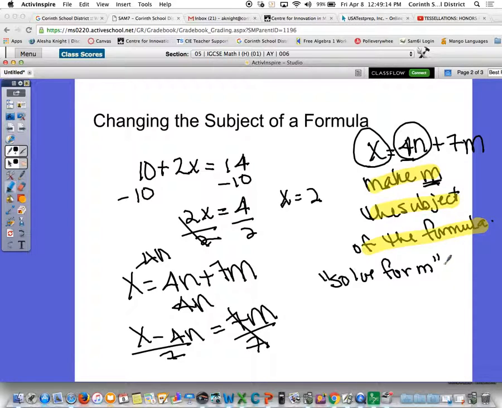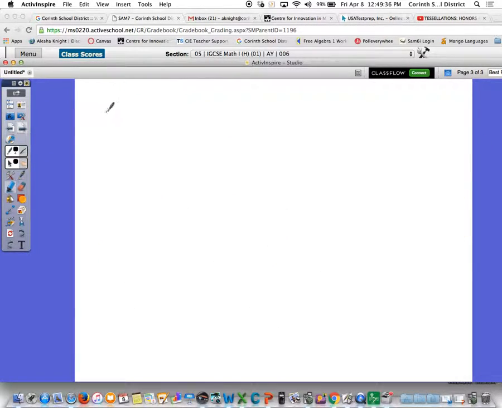Okay? So let's look at your packet that I gave you. And I want you to work the first 3. Okay, let's look at the first one together. What do they want you to make as the subject of the formula? What are you solving for? P. Do you see it says make P the subject of the formula?